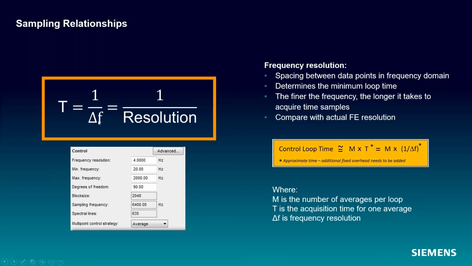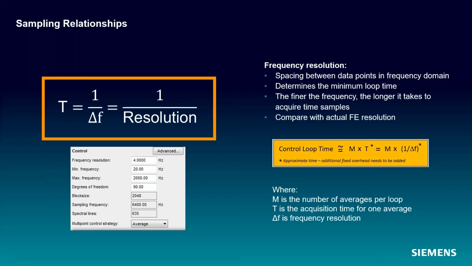Reason this is important is we typically have our frequency resolution for control in random somewhere between 2 and 4 Hertz. That puts us between a half a second and a quarter second per block or frame of data that we need to process into a PSD and average together.